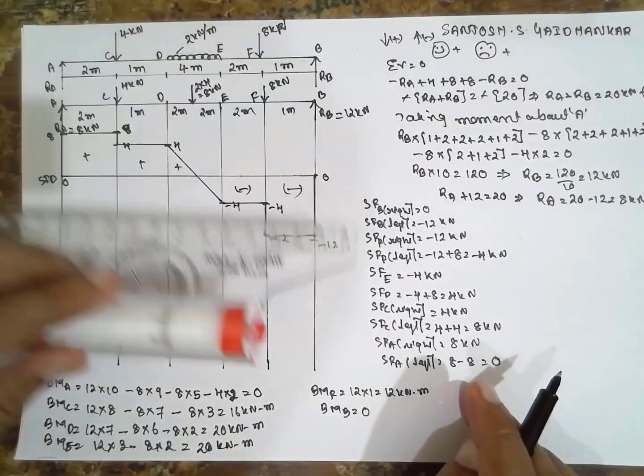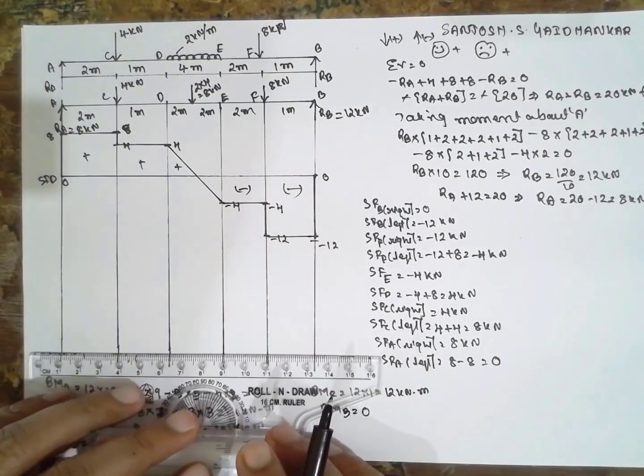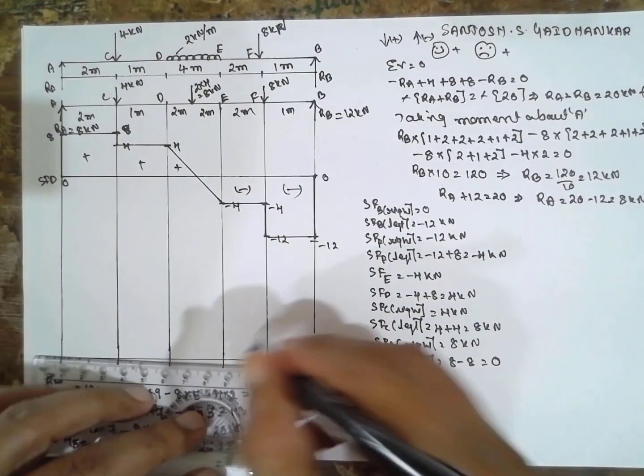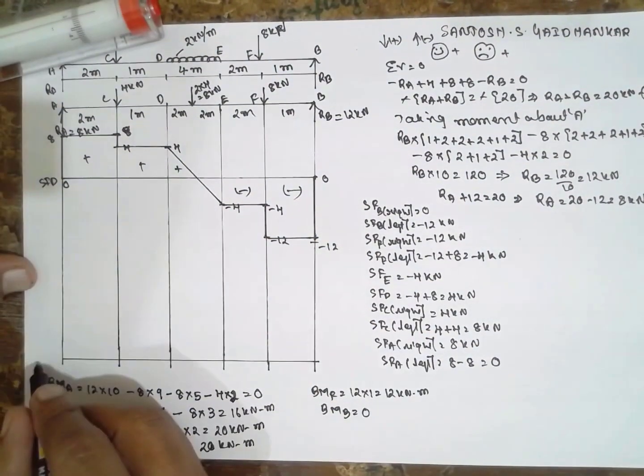Now draw the bending moment. Everything is positive here. Above is positive, below is negative.